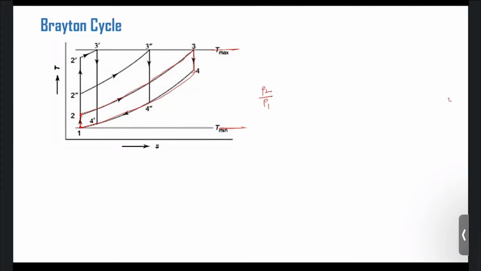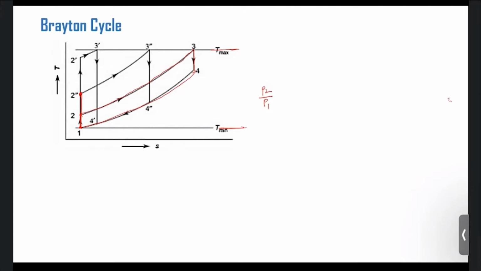Now we increase the pressure ratio from point 2 to 2 double dash. Once we increase this pressure ratio from point 1 to 2 double dash, we can see the work obtained is increased and also the efficiency is increased because we are increasing the pressure ratio.